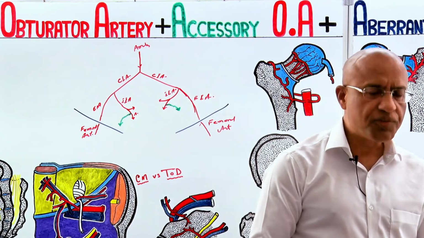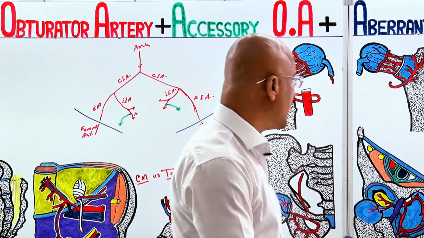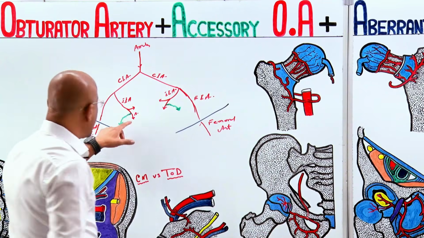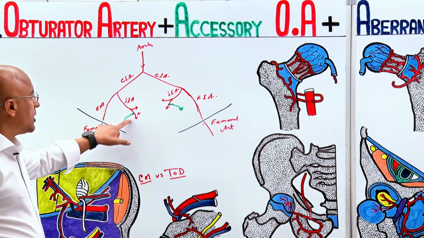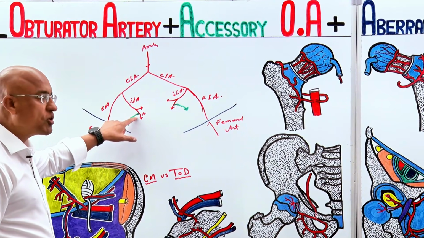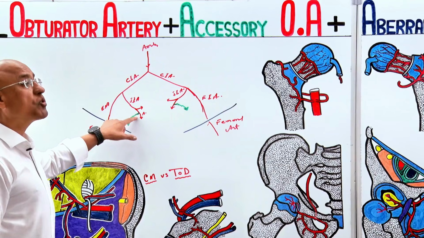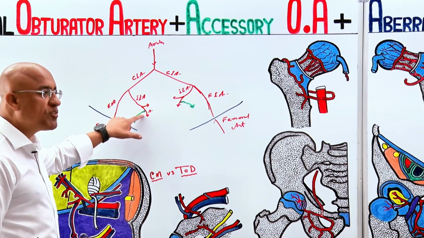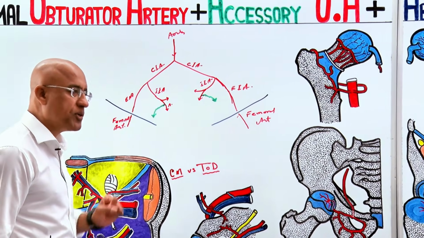I should give a lot of stress to its origin, because this origin, which is the classical, most typical, most common origin, is found in only 70% to 80% of the population.